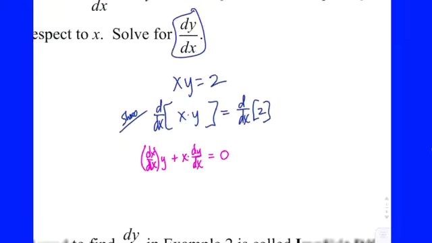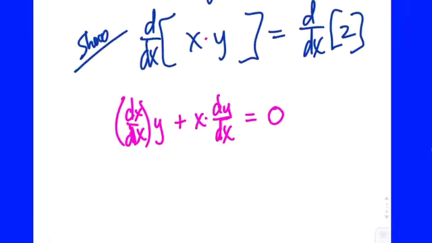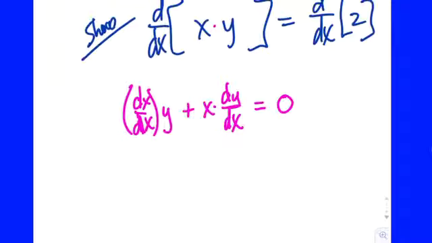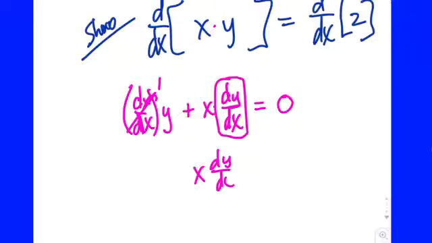Now remember, I'm trying to find dy dx. I didn't solve for y in the beginning, so now I need to solve for dy dx. Well, I can call dx dx 1, and so how do we solve for dy dx? We have to isolate that, so we get x times dy dx, and if I bring the y across, it becomes negative y.